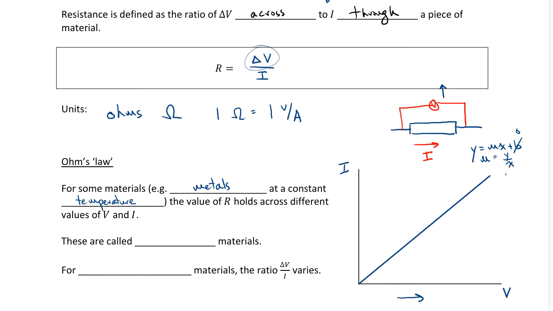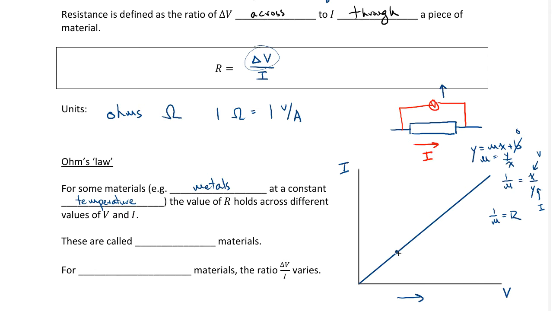In this case, actually, it's more interesting to look at 1 over m is equal to x over y, because x is equal to V, and y is equal to I, and so 1 over m is equal to our resistance. 1 over the slope is our resistance. So in here, we see the slope is constant, and therefore the resistance is constant.